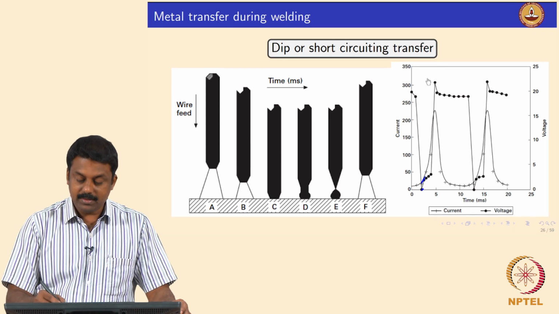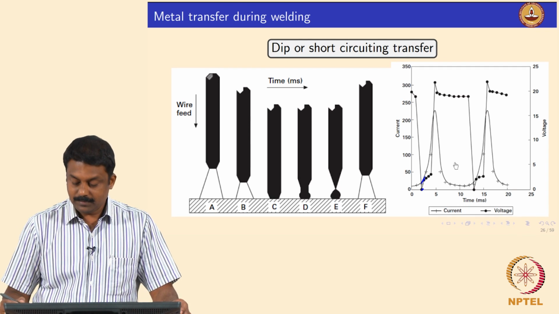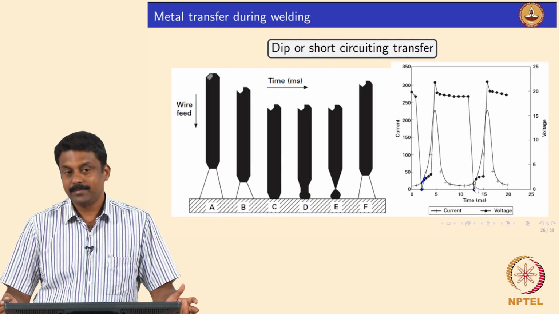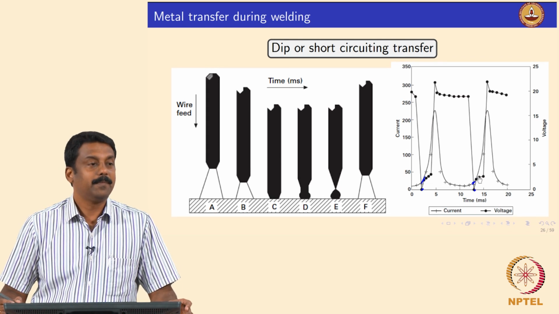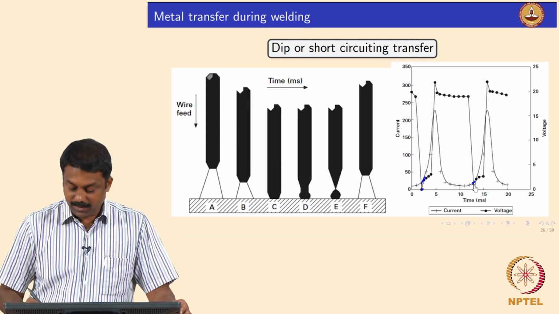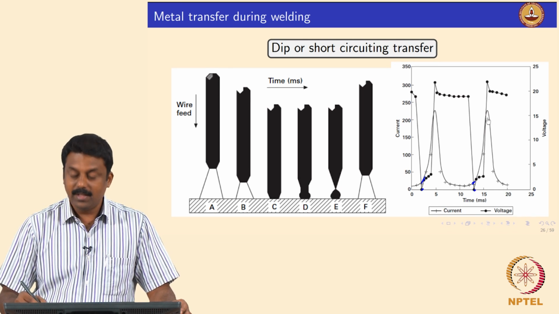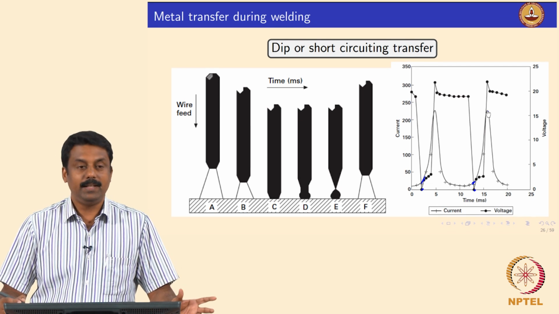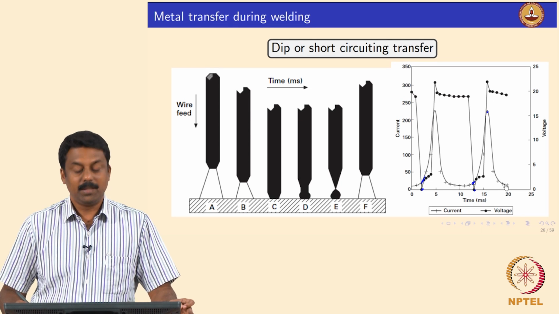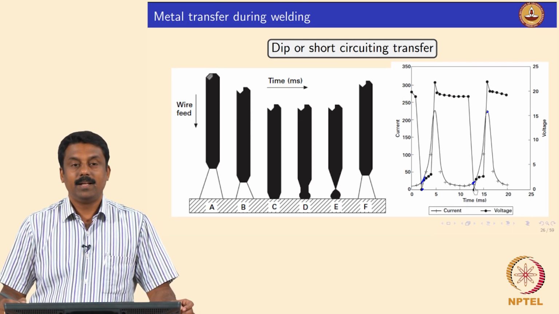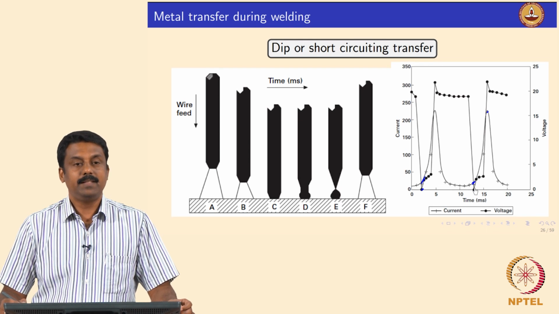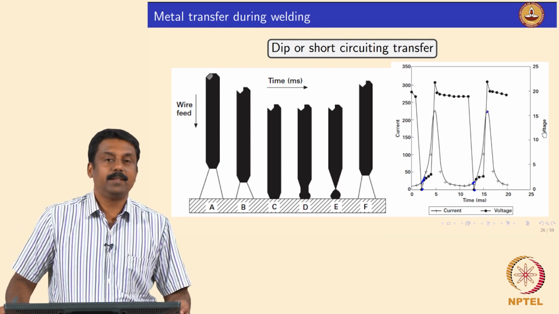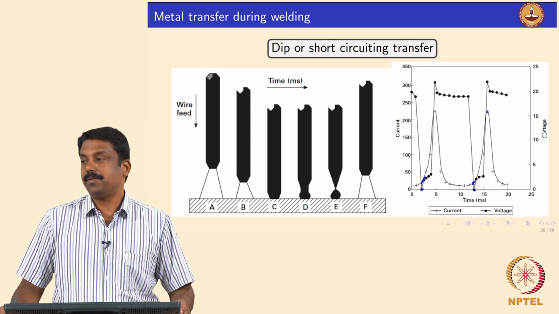So this is the arcing voltage and arcing current, and then the moment short circuiting is established, voltage becomes 0, so the current becomes minimum. Then you continue again, this is the arcing voltage, and during this process you give a current pulse to melt the droplet and then bring it down. The moment the voltage becomes 0, short circuiting, minimize the arc, right. It is clear. So this is how the controlled dip short circuiting transfer is established.